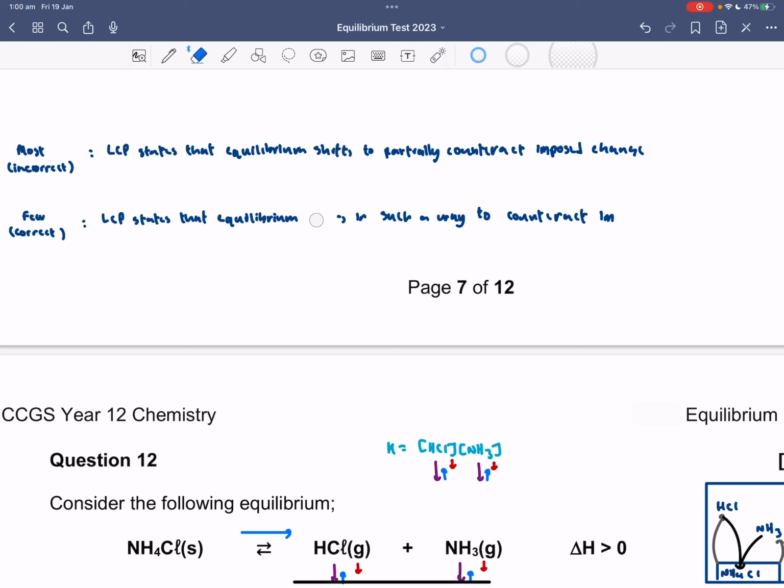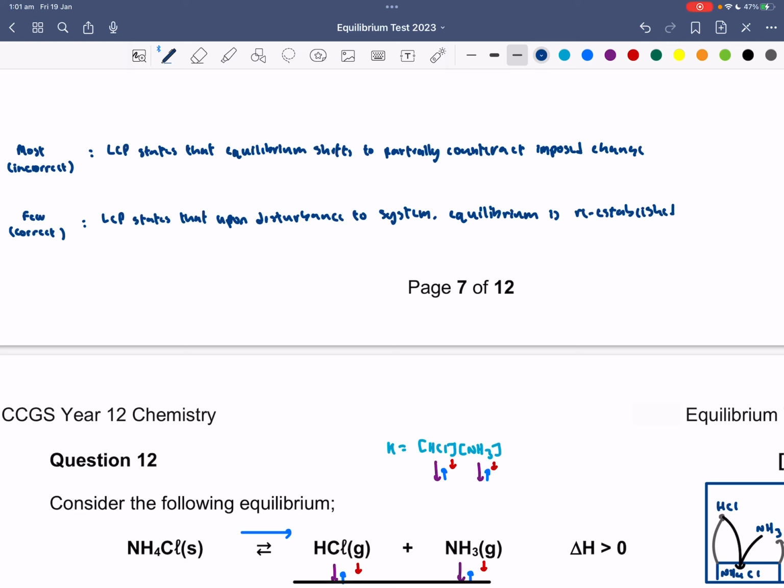Equilibrium, like basically, I'm going to write it better.